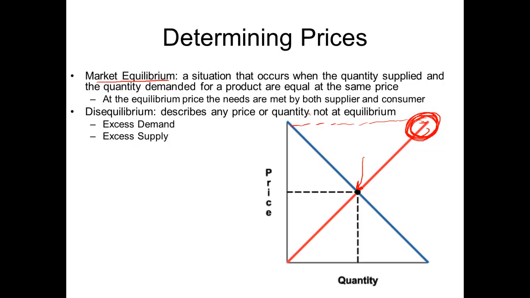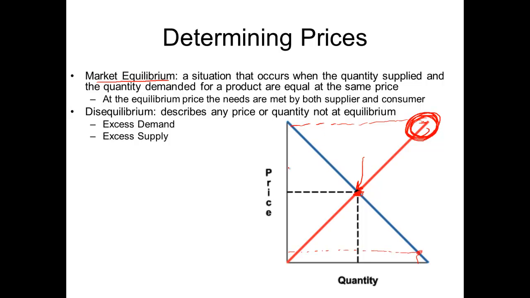The people demanding things would love to buy things that are really cheap. So for instance, right here, if that was the price, people would love to buy that. But we live in a world where both parties have to be happy, and so where these two curves meet, that is the happy place, that is the equilibrium.